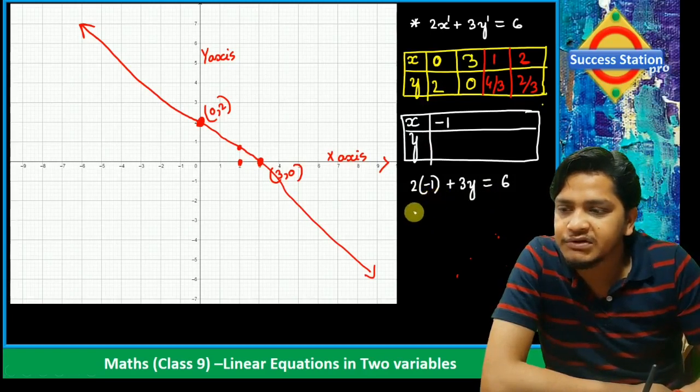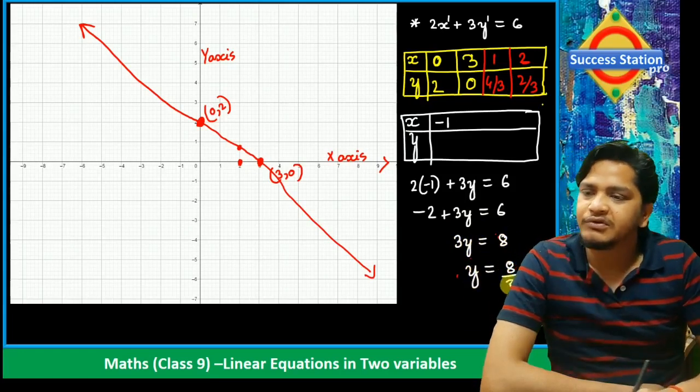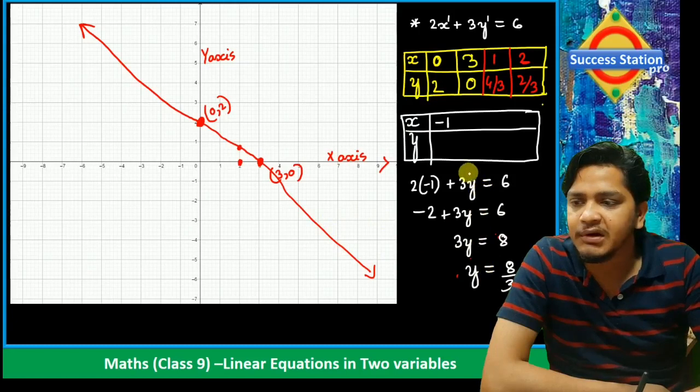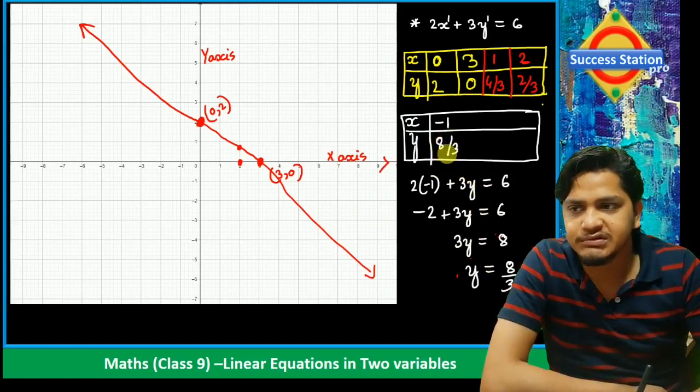So here we have minus 2, and 3y equal to 6, so 3y becomes 8. Y becomes 8 by 3. Right? So we'll keep on getting the values. These all are my solutions.